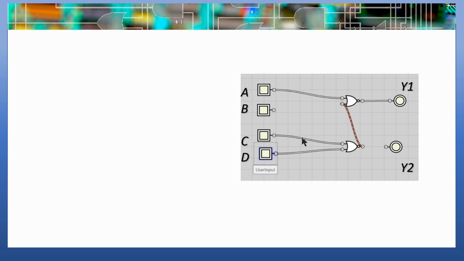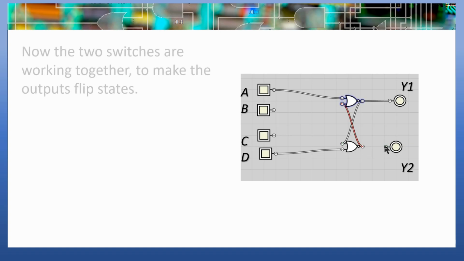Now the two switches are working together to make the outputs flip states. This is one of the fundamental arrangements of logic gates. It has the possibility of storing and moving data, albeit one bit at a time.